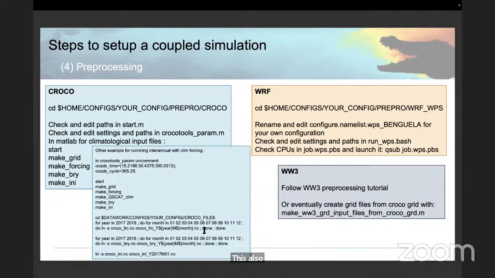This is also for preprocessing, and Fabien advertised earlier that there is a good tutorial on the WRF website. This is definitely true, and I encourage you to go there. We also have some tutorials available in the CROCO documentation, with explanations to set up WRF, and we have also provided some scripts to facilitate all the WRF preprocessing within the coupling toolbox.